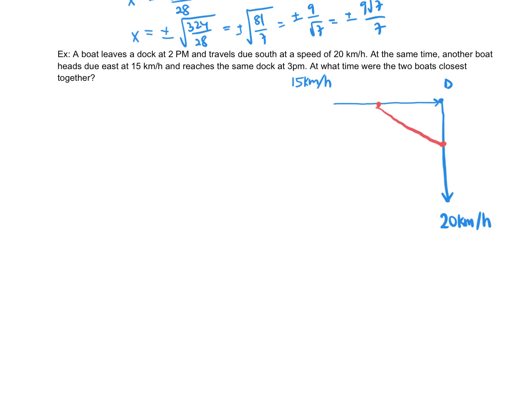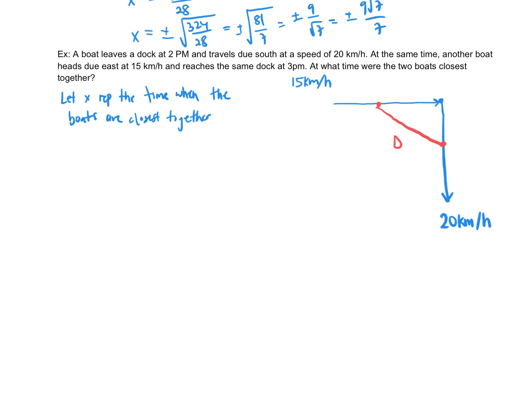And we want this distance to be as small as possible. So I'll label this D for distance. Okay, so I'm going to let X represent the time when the boats are closest together.